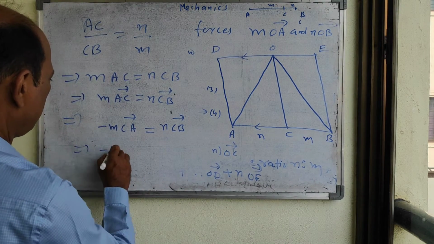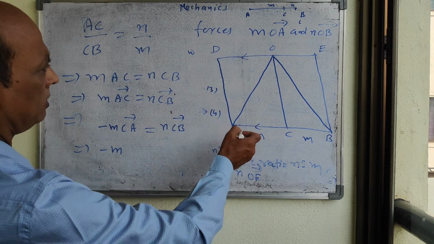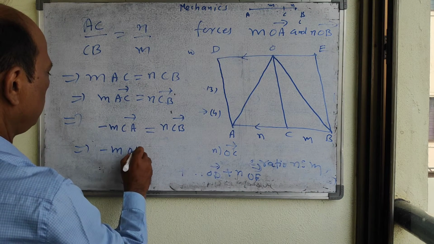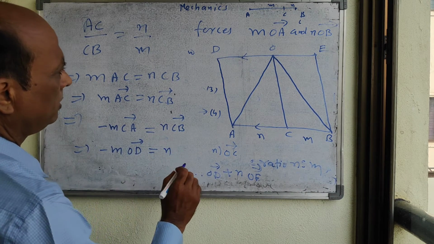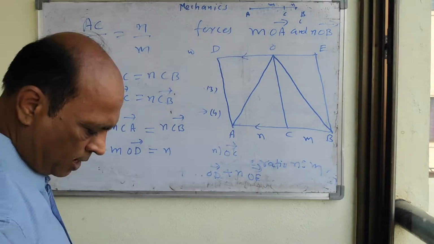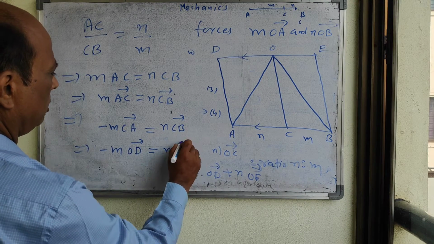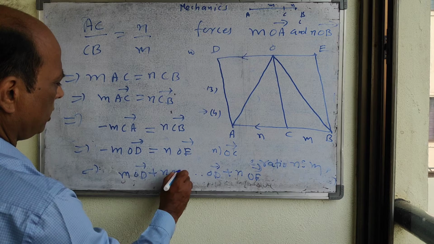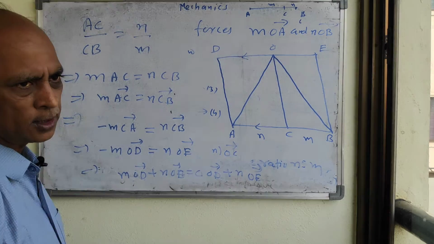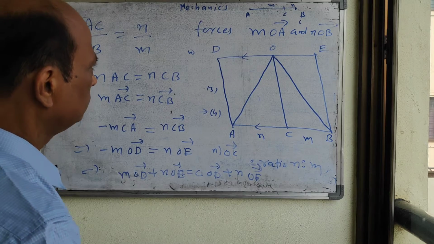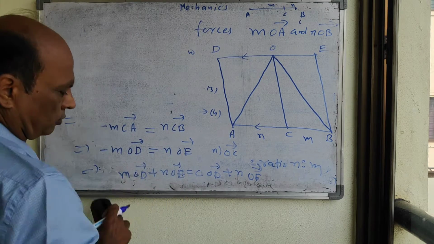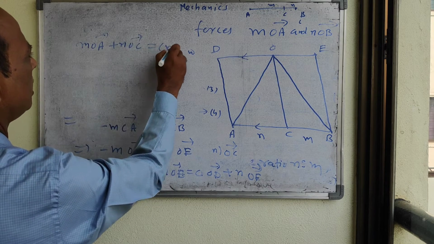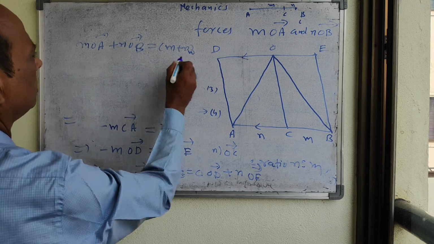So minus m CA bar. Observe this figure: CA bar means OD bar, these are the same. So minus m OD bar is equal to n, and CB bar means OE bar, that is n OE bar. Which implies that m OD bar plus n OE bar is equal to 0. And therefore, from the last equation, we get m OA bar plus n OB bar is equal to (m plus n) OC bar.